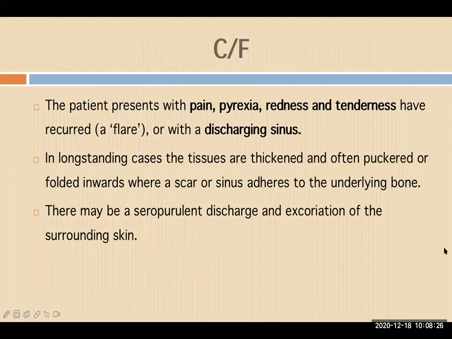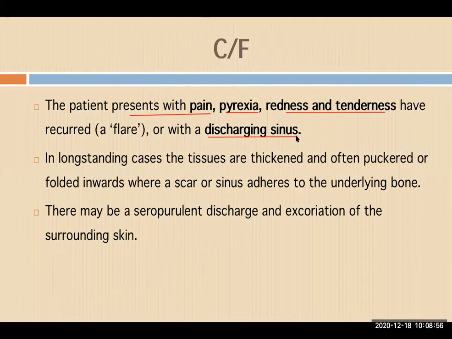Now, let's move on to the clinical features of chronic osteomyelitis. What do we see if we examine the patient, and what symptoms will the patient present with to the hospital? The patient presents with pain at that site, pyrexia or fever, redness and tenderness at that site, or with a discharging sinus.